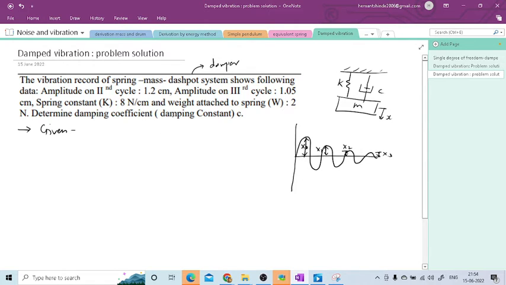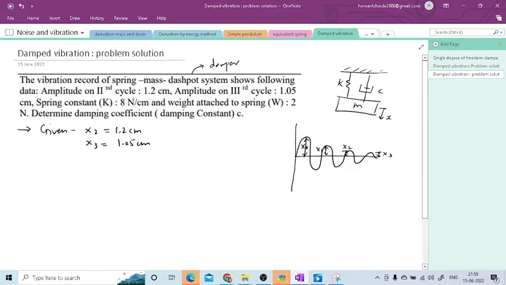So what they have given, the amplitude on second cycle. See, amplitude after first cycle is x1 and after second cycle is x2. Means they have given the value of x2, amplitude after second cycle, and that is equal to 1.2 centimeter. And amplitude on third cycle. So the next one is x3. So amplitude on the next cycle, that is third, is 1.05 centimeter. Okay.